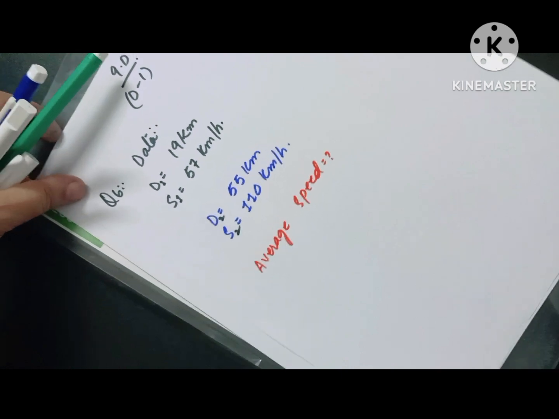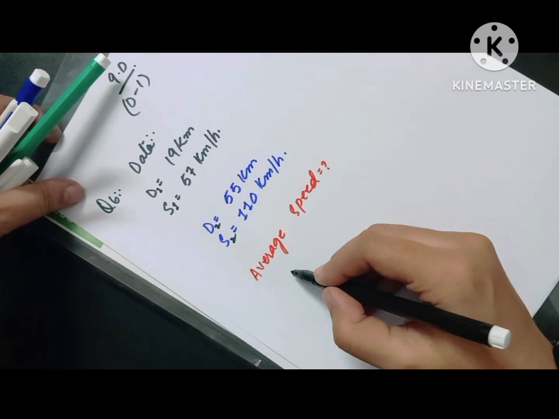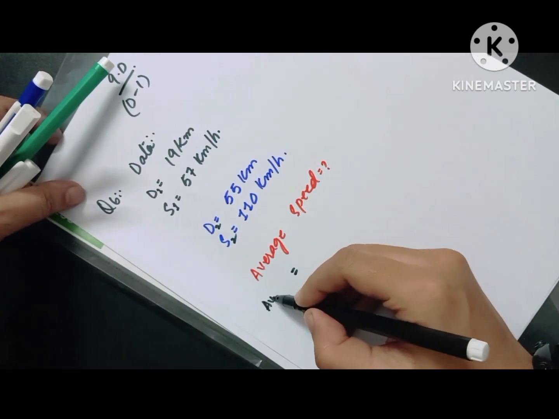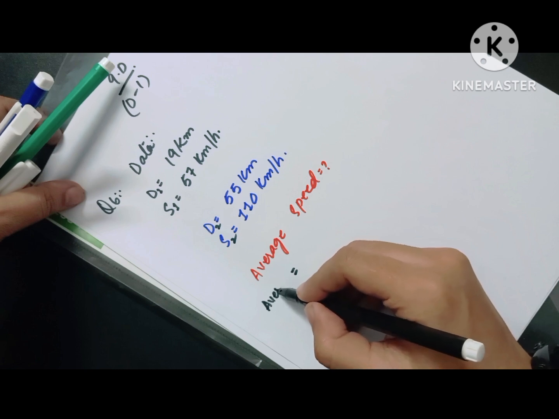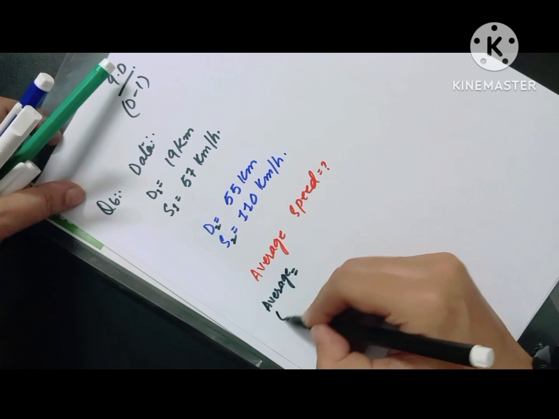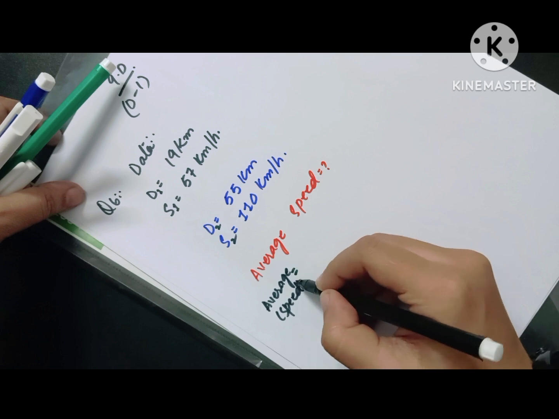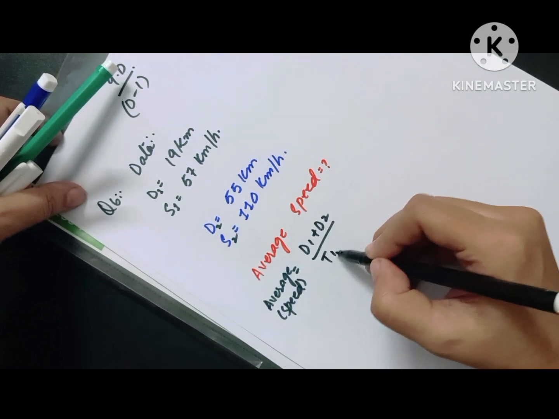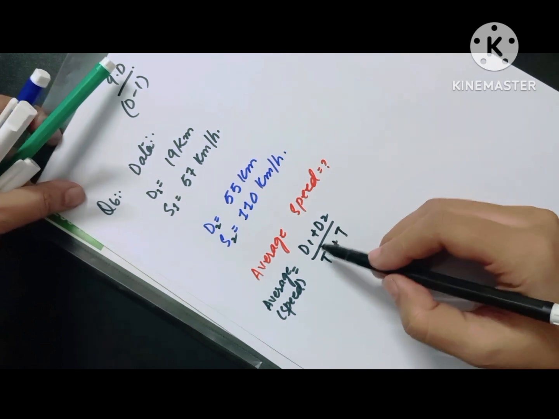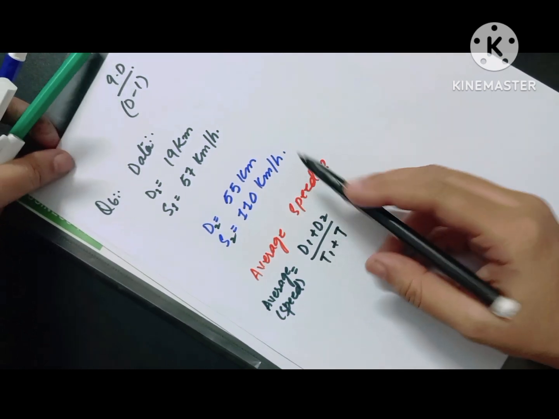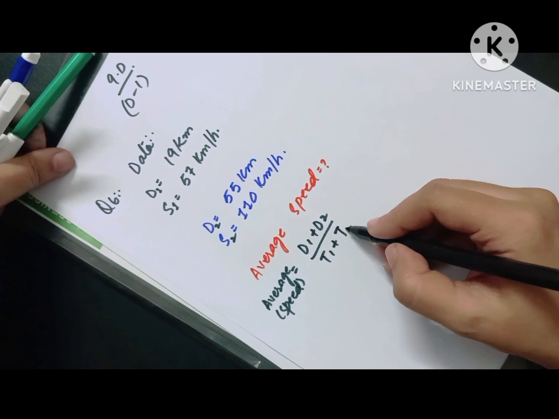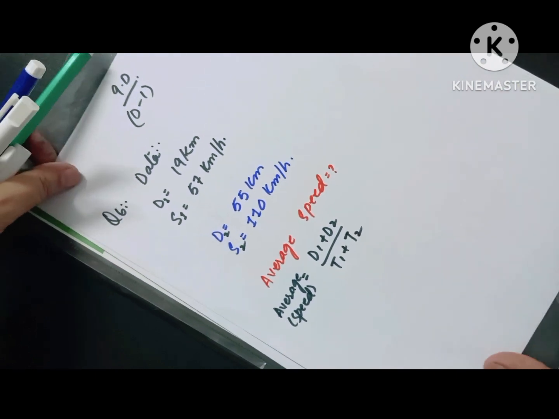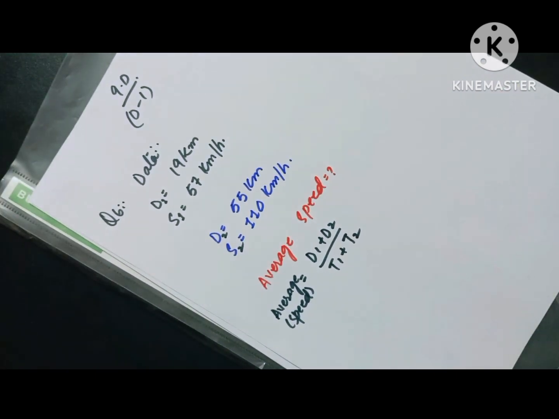So the formula for the average speed is equals to D1 plus D2 over T1 plus T2. So we are having the values of D1 and D2, but we are not having the values of T1 and T2. So we can find the values of T1 and T2.